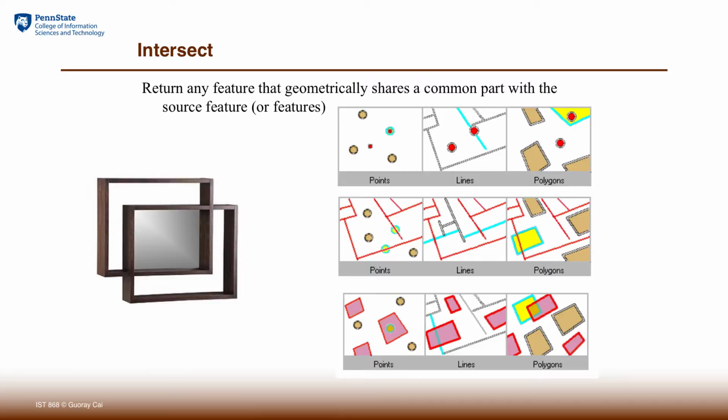And the third kind of intersect is between points and areas. For an area to intersect with a point, the area must contain the point. And the most interesting case of intersect is actually between area and area. So even a little bit of overlap will be counted towards intersect.